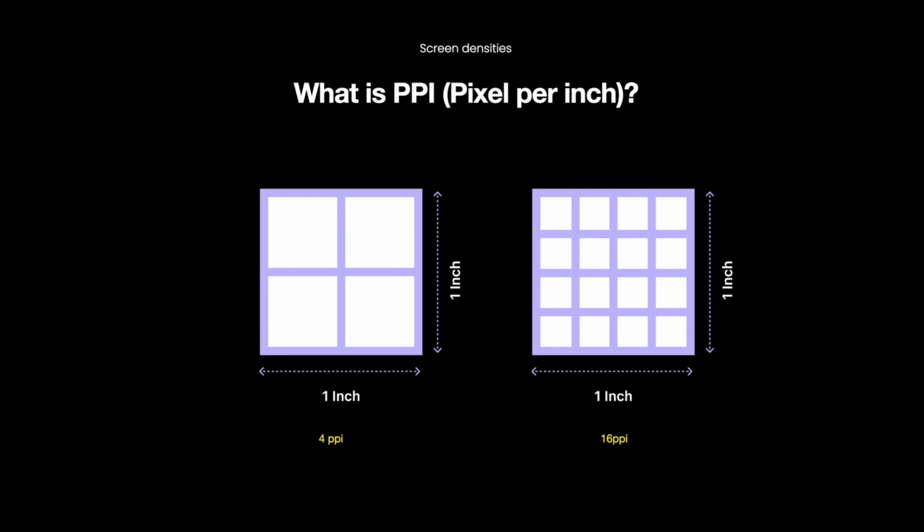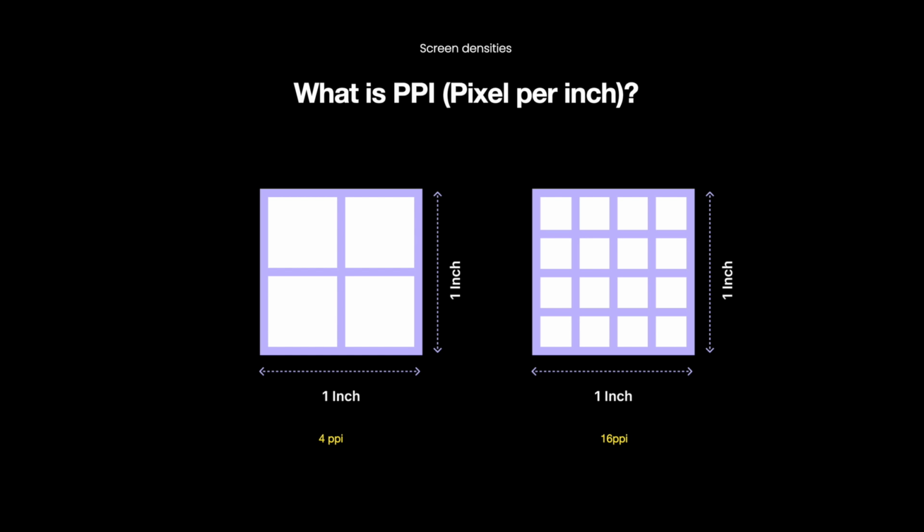The next thing is called screen densities, and it's usually measured in terms of PPI or pixels per inch. And as the name suggests, pixels per inch means the number of pixels on a 1 by 1 inch square of the screen. So here I have two examples to demonstrate the effect of PPI. On the left you have a 4 PPI screen, and on the right we have a 16 PPI screen.